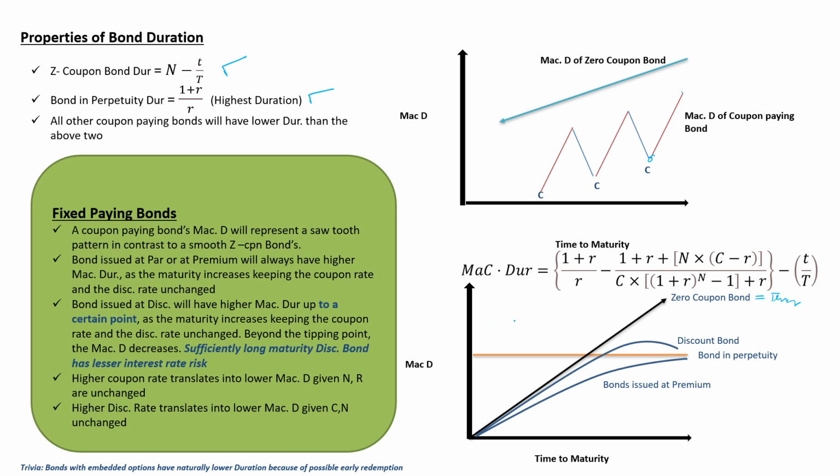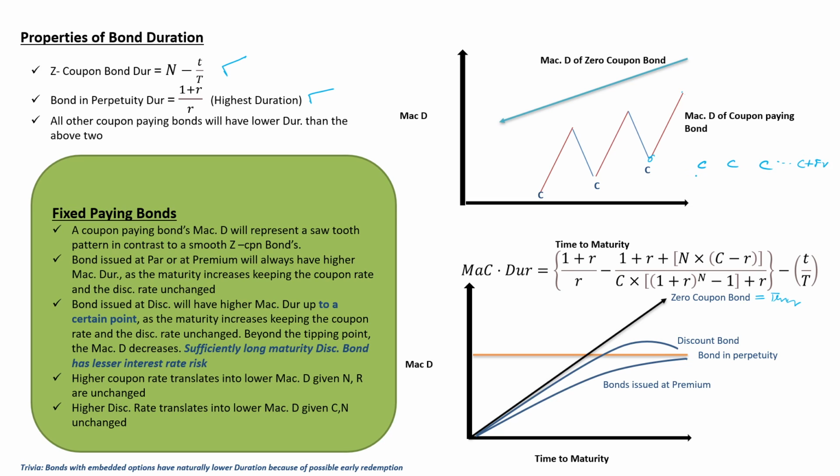So I will make an intuitive explanation for all of you in order to understand why it is so. See, for instance, forget all the formulas out here. If a bond is paying a coupon of C every resetting date, and at the end of the tenor, it's going to pay its last coupon and the face value itself.